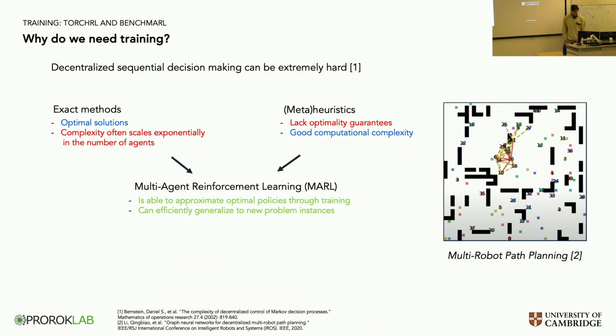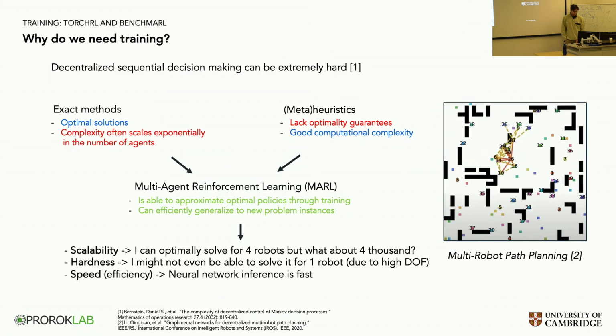Multi-agent reinforcement learning sits a little in the middle, as it can approximate policies through training and efficiently solve new instances, generalizing. This helps in scalability, hardness, and speed.